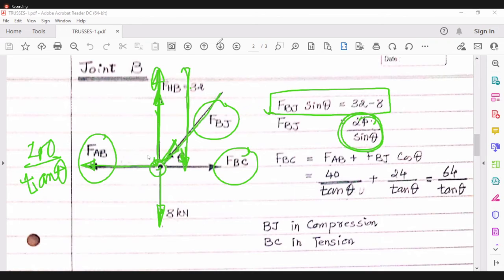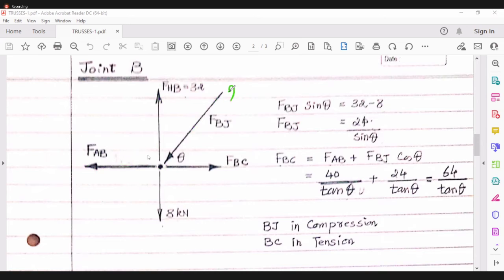Done. Now this is 24 by sin theta. This is 40 by tan theta. Over here, this has a component 24 by sin theta into cos theta, so 24 by tan theta.